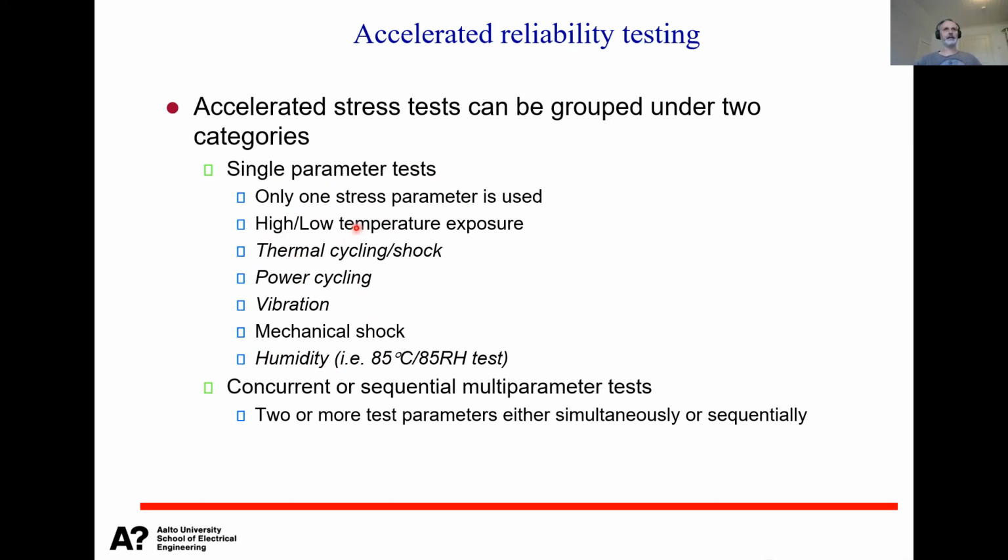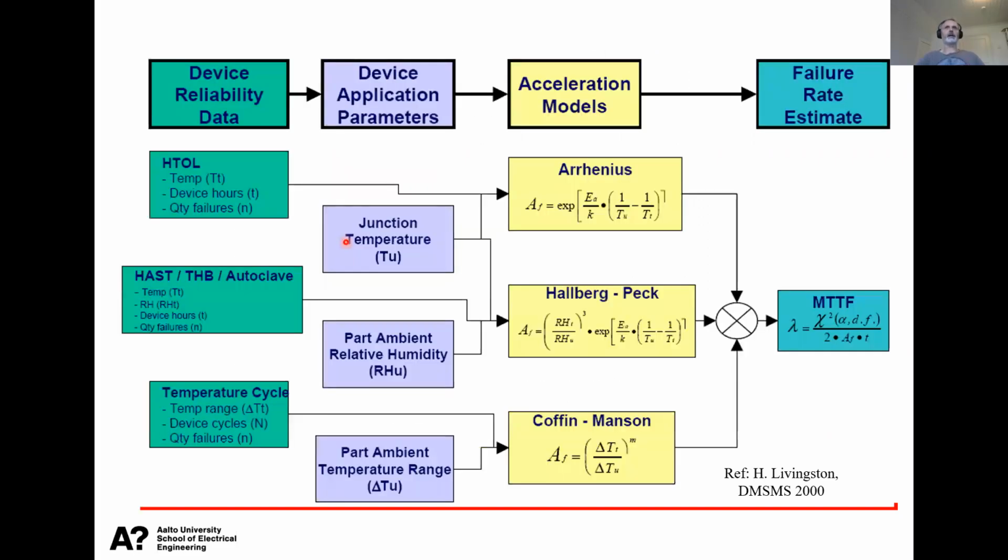As I said, the advantage is that we can understand more easily what is happening, and our models are more established, and maybe we even have simple models to model what is happening in these tests. So here is again an example: the tests high temperature operational life, temperature humidity bias, so hot and humid, and temperature cycling.